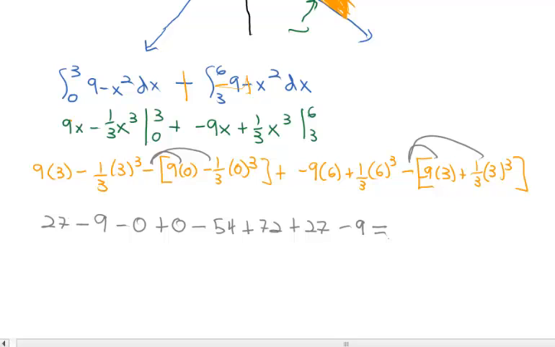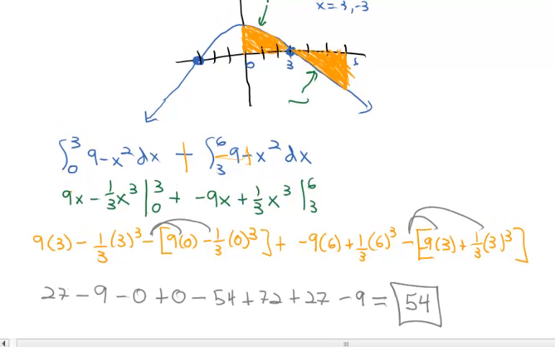We've got 27 minus 9, a couple zeros, minus 54, plus 72, plus 27, minus 9 is 54. Our total area for this curve is 54.